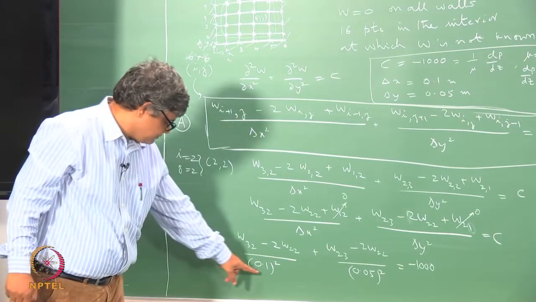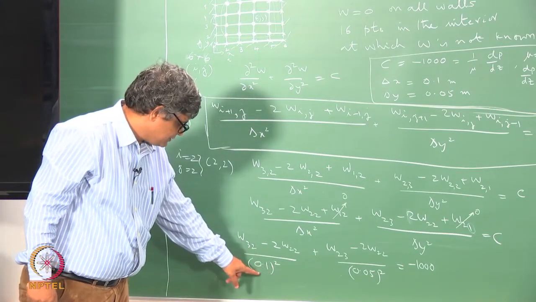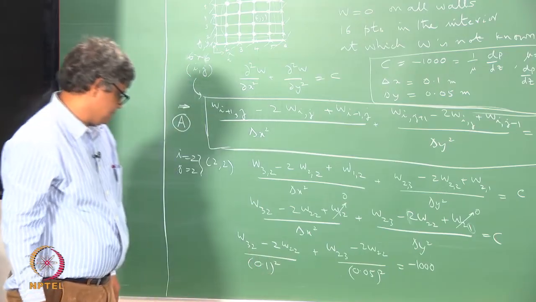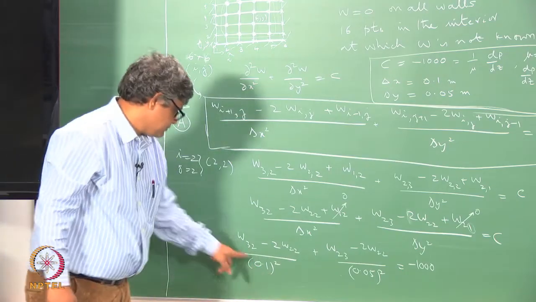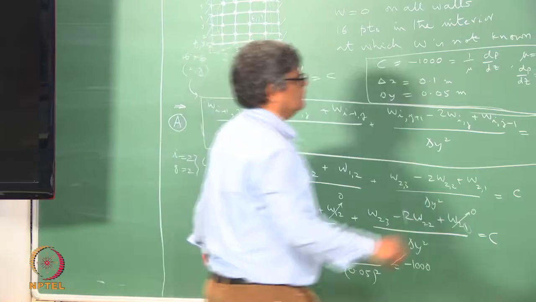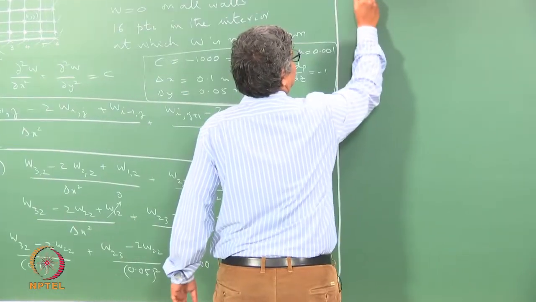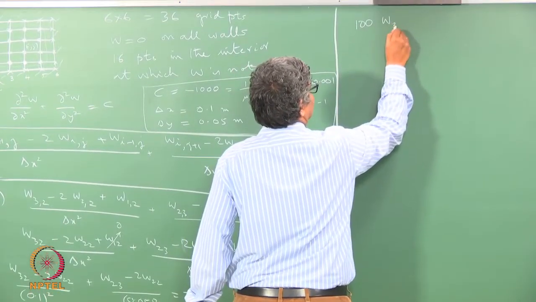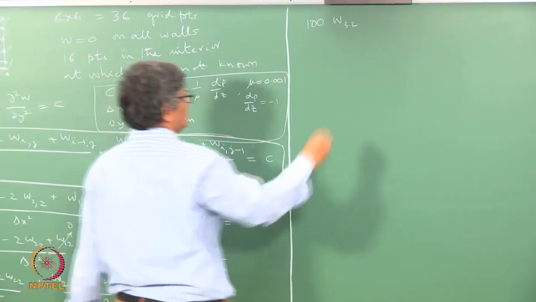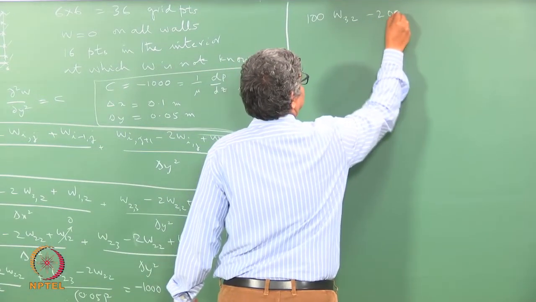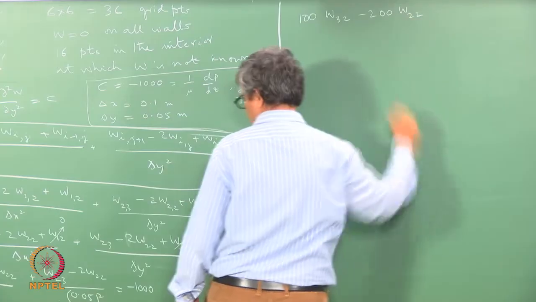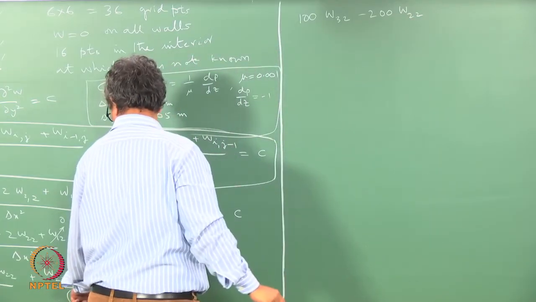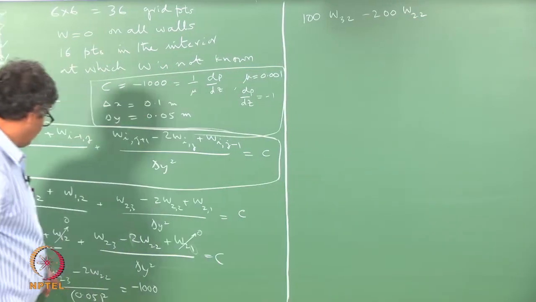Okay. So, this 0.1 whole square is 0.001. So, this is 100. So, this becomes 100 W32 minus 200 W22. This is 400.